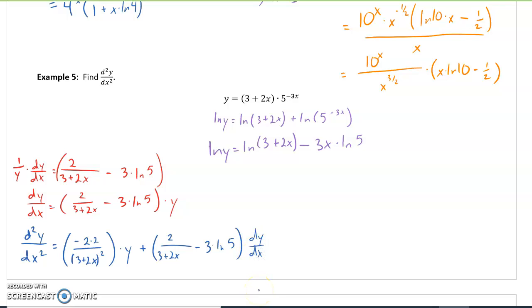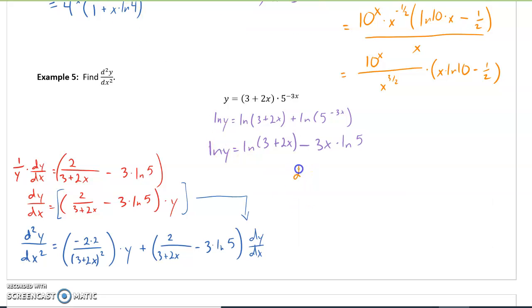All right, so the nice thing, relatively nice, is we know what dy dx is, right? We just found it right here. So this whole thing can be replaced in there. There's no reason to redo that whole process. We've already done it once, so let's use that answer.